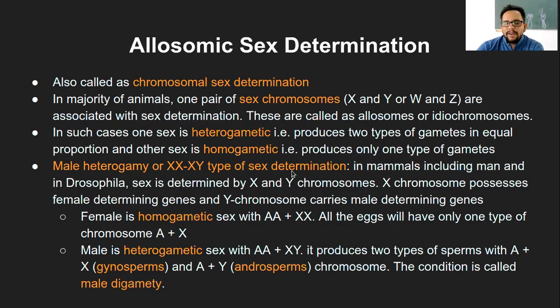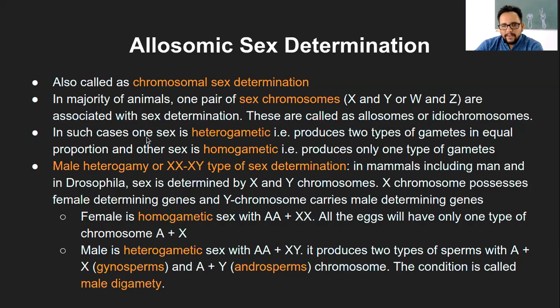So in the majority of animals, there is a pair of sex chromosomes. It can be called X and Y, or in some it is called W and Z, and they are associated with the sex determination process. That's why they are also called allosomes or idiochromosomes. Those are just alternate terminologies for the sex chromosomes.